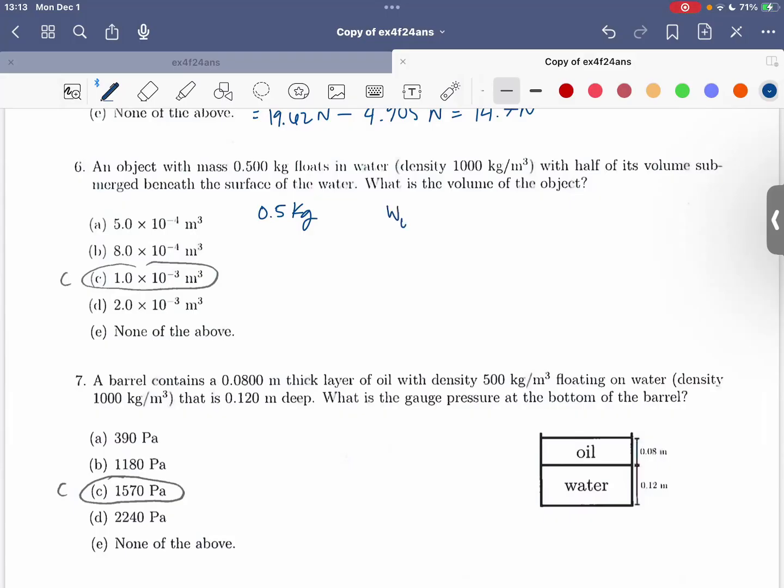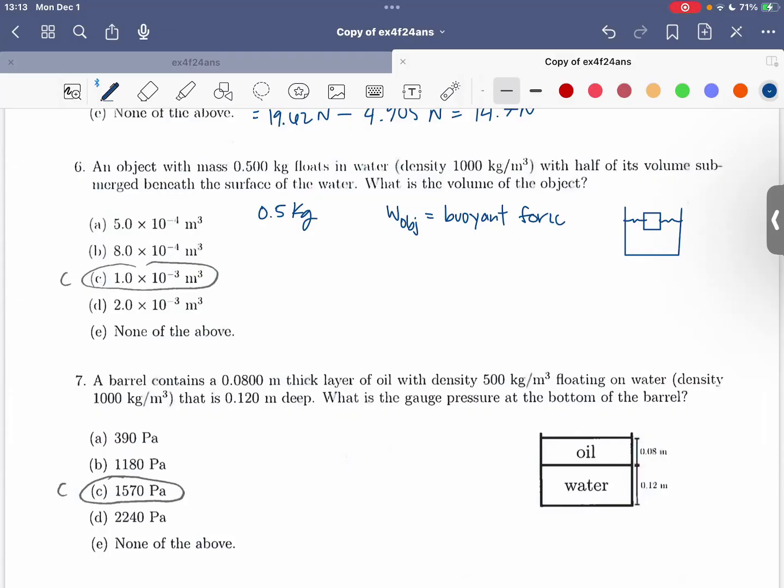So weight of object is equal to buoyant force. All right, let's also draw a little picture here. Okay, so it looks like that.